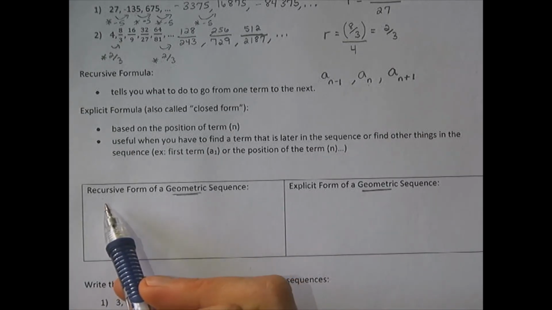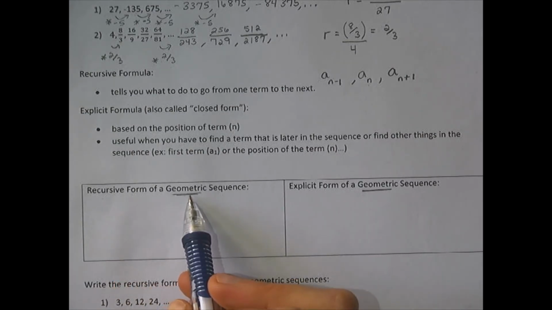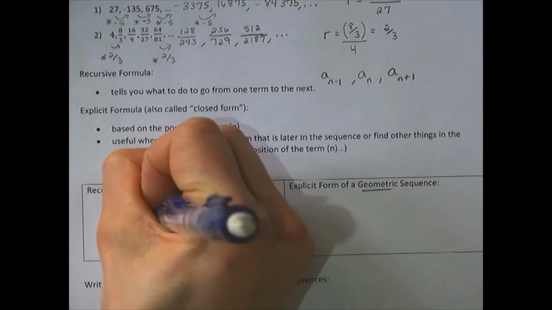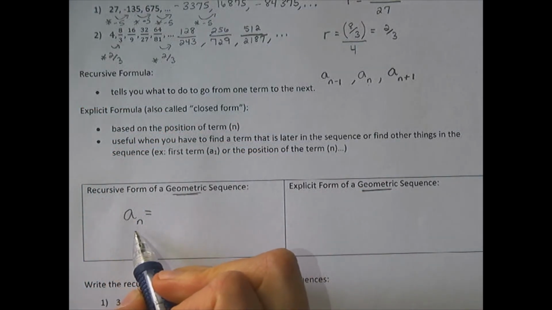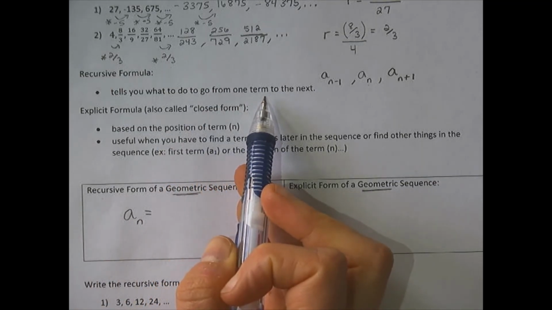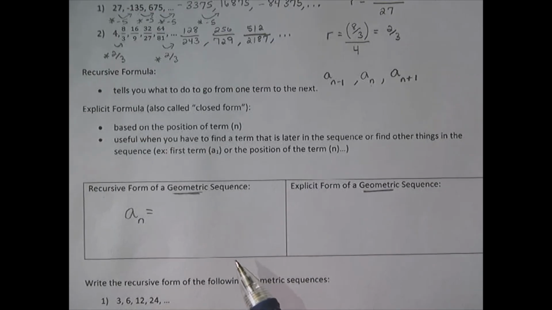So with recursive form, the geometric sequence would be written like this. You would have a sub n, so to find a term in your sequence. What you're doing to go from one term to the next, remember, is you are multiplying by the constant number.